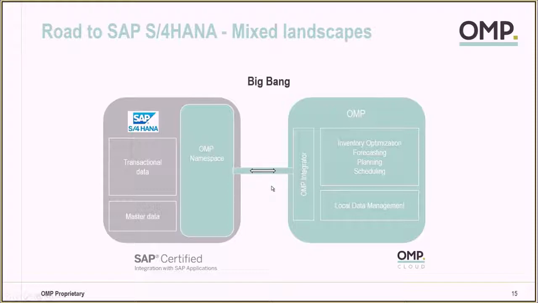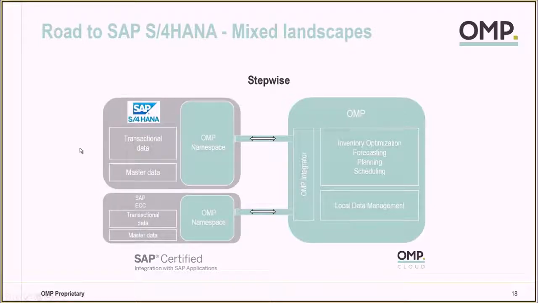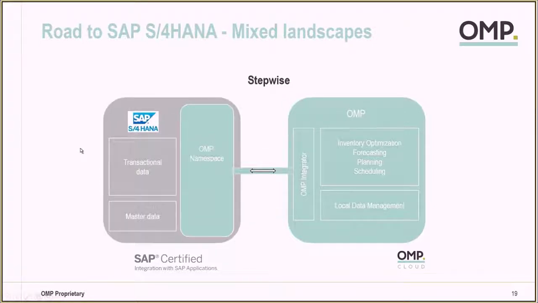and making use of the same namespace component, we can simply ensure fluent integration with SAP S/4HANA. Most customers, however, are currently not looking into a big bang migration, but might rather migrate stepwise, plant by plant, or business unit by business unit. Also here we have perfect coverage. With our mixed landscape integration, we can easily support you in your stepwise transition, moving more and more data from your ECC system into your S/4HANA system, finally ending up with all data in your SAP S/4HANA system.